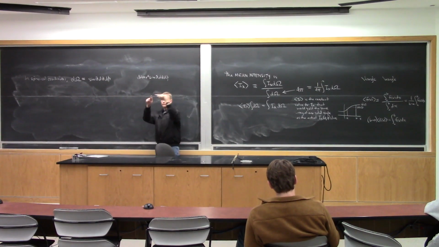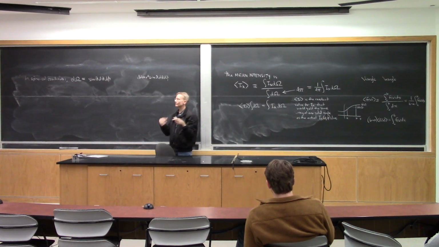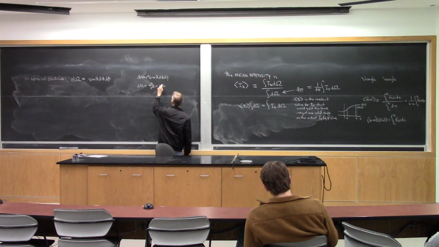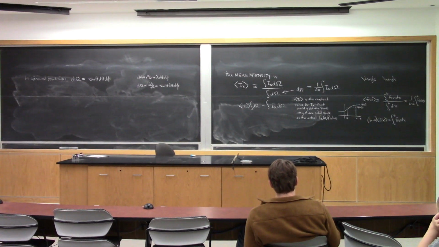If I make a little spherical rectangle spanning d phi in azimuth and d theta in colatitude, if you will, then d omega is dA over r squared, and so that'll be just sine theta, d theta, d phi. And I feel like I should put the picture up because I want to be sure that you understand this before we go further.